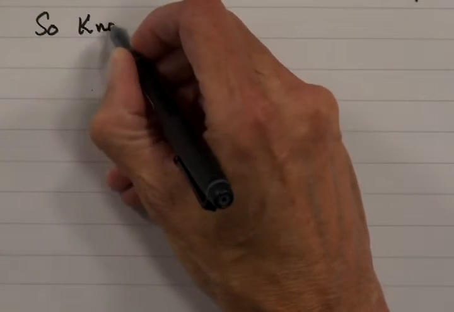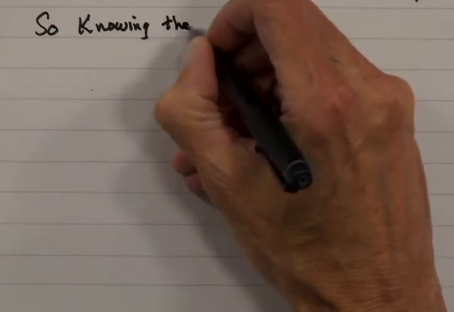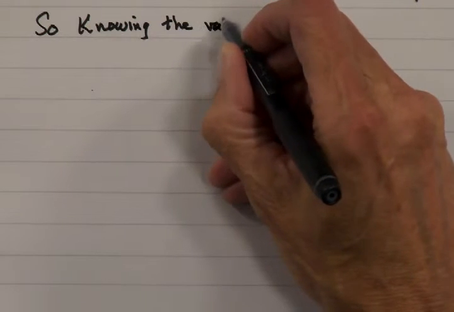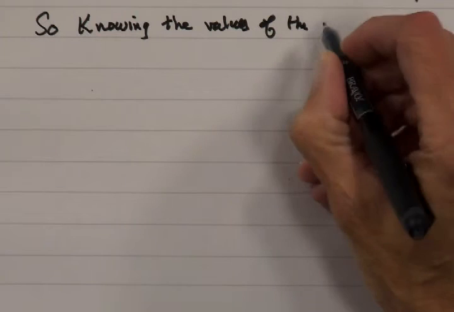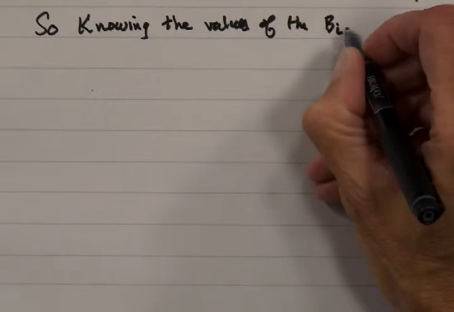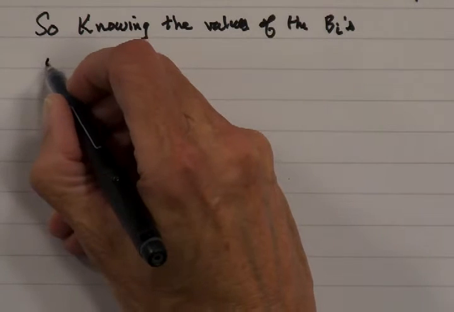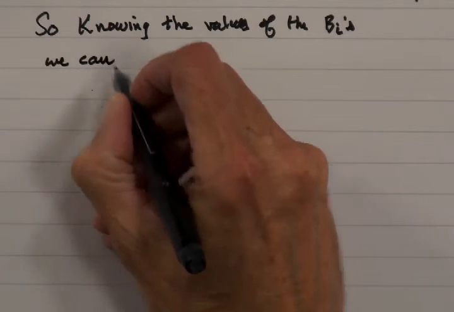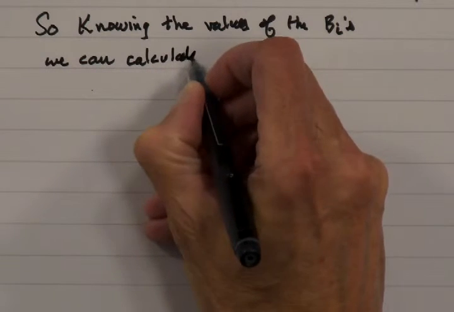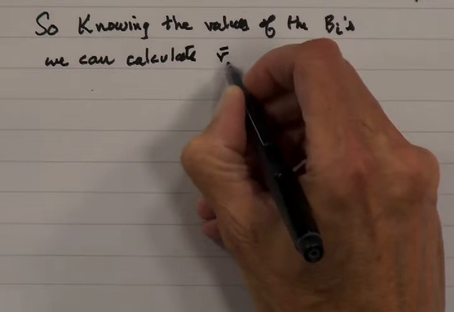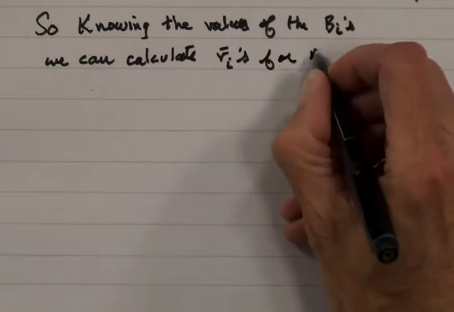Knowing the values of the beta I's, we can calculate R bar I's for all assets.